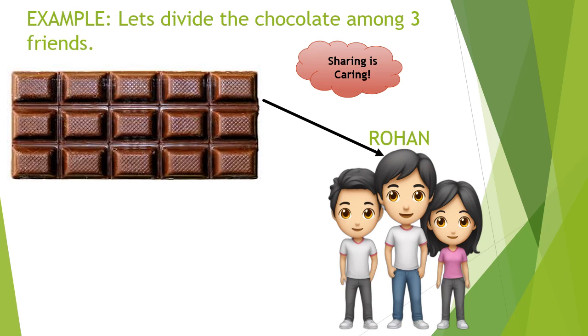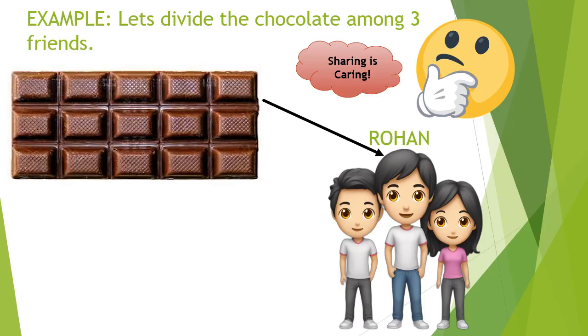How many of you like chocolates? And how many of you like to share your chocolate with your friends? I'm sure everybody, right? How shall we do this? How shall we help Rohan to divide the chocolate among three friends?